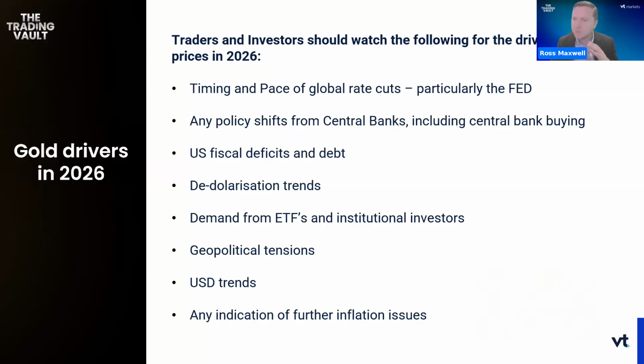Obviously, there's a battle at the moment between Donald Trump and the Fed. Donald Trump wants the Fed to cut rates. The Fed want to offer a more rational thought process around balancing inflation against global GDP and domestic growth.